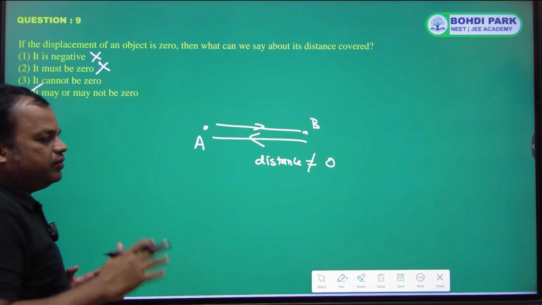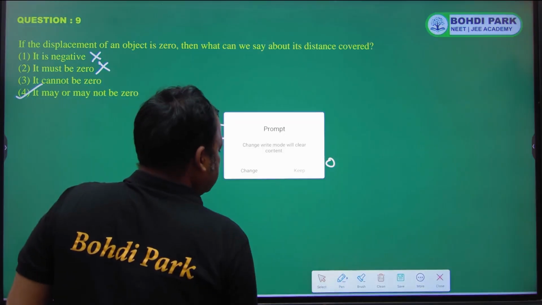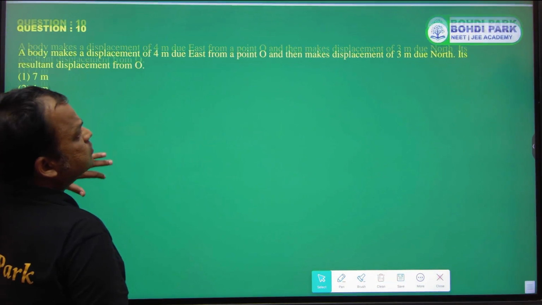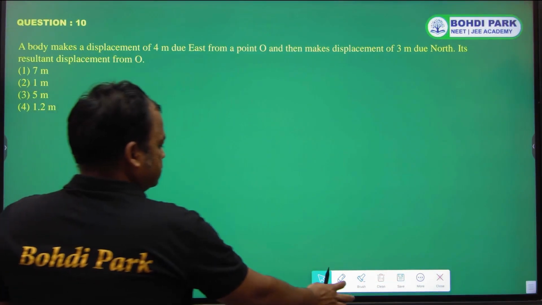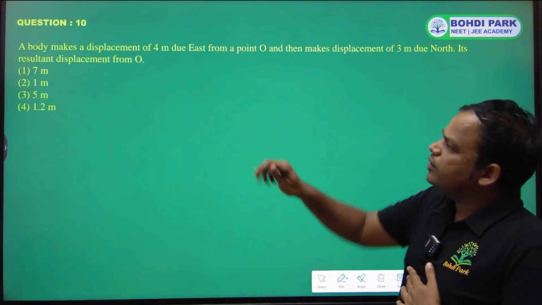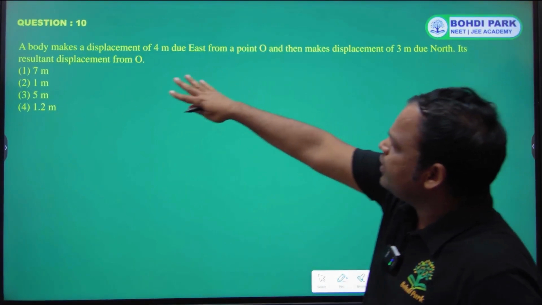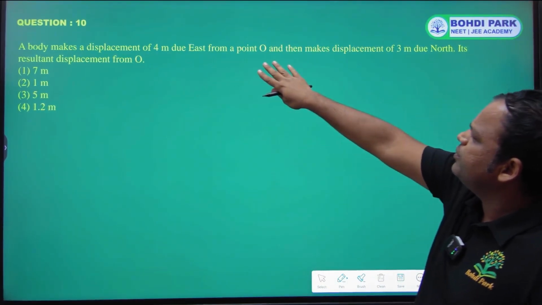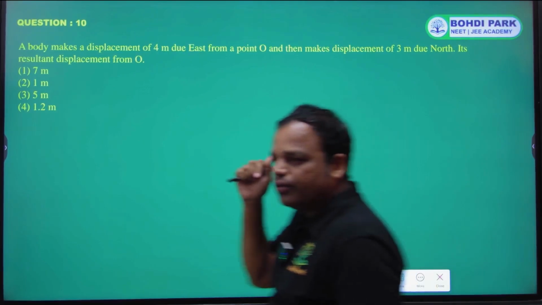Okay. Now next question. Now this question: a body makes a displacement of 4 meter due east from point O. Okay.